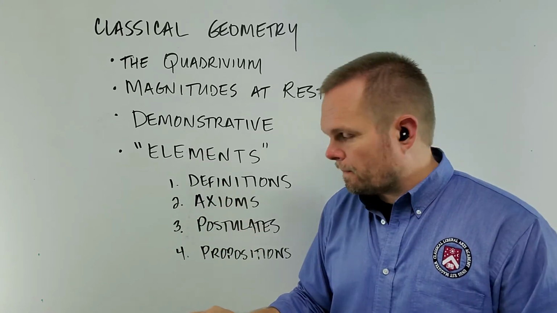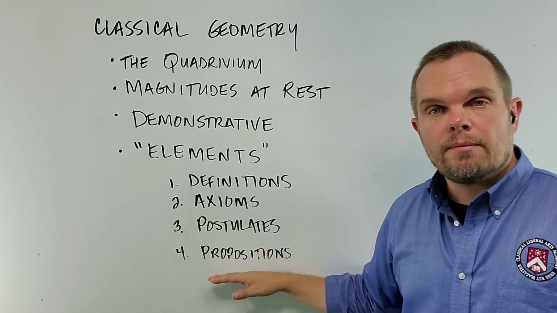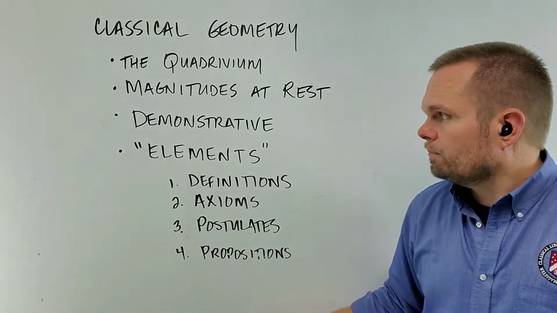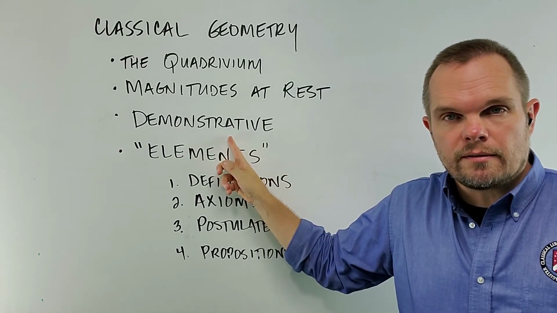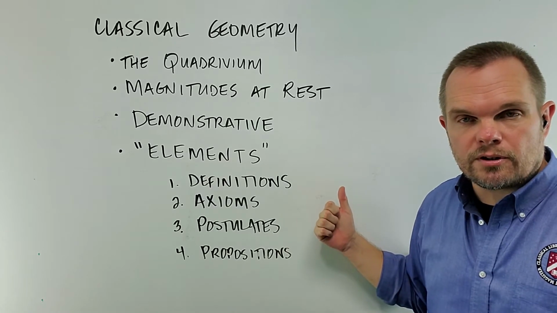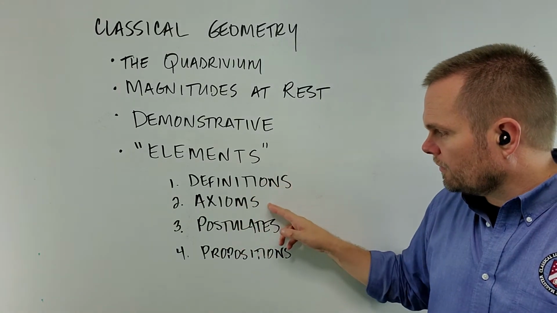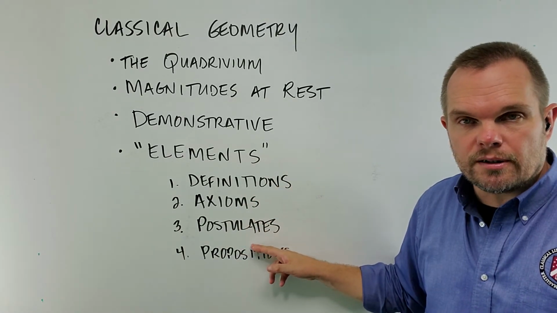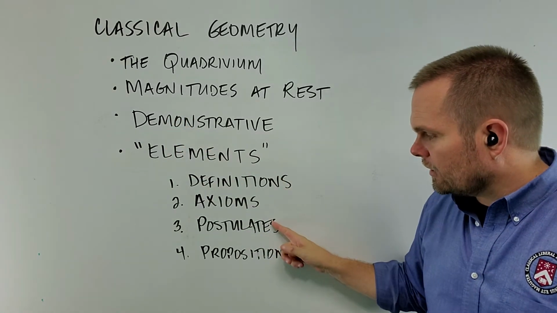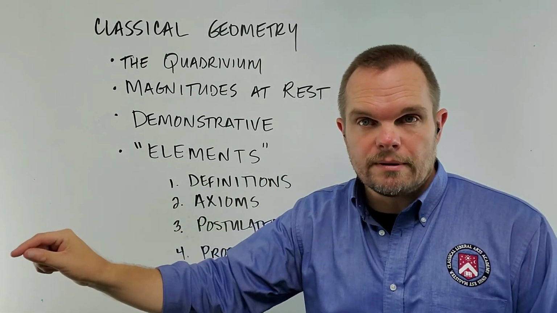When we come to a solution for a proposition, that solution, because it has been demonstrated, can then be used in the solution of future propositions. So some propositions will be solved from definitions, axioms, and postulates directly, but other propositions will be solved by these and propositions that have already been solved and demonstrated.